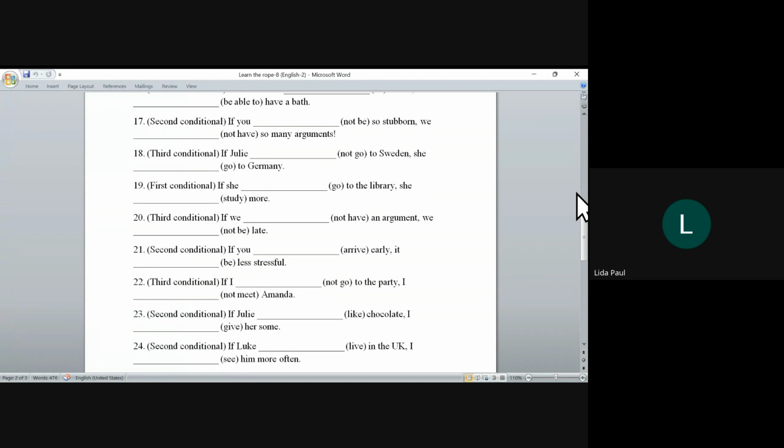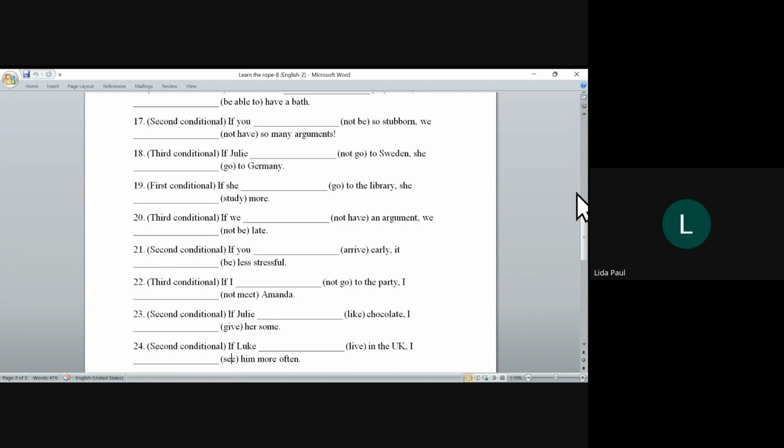20th one, if we dash not have an argument, we dash not be late. And this is in third conditional. So again, past perfect form and the would plus have plus past participle form, right?